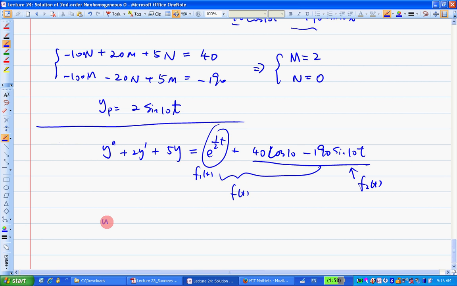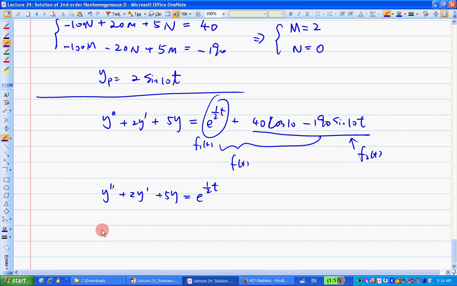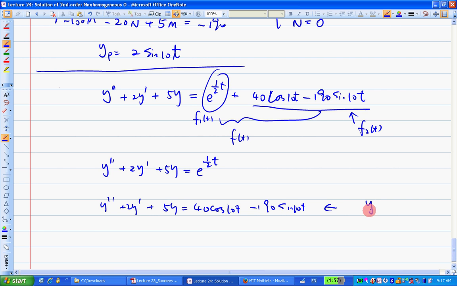You're basically solving one of this, and the other is solving this one here.